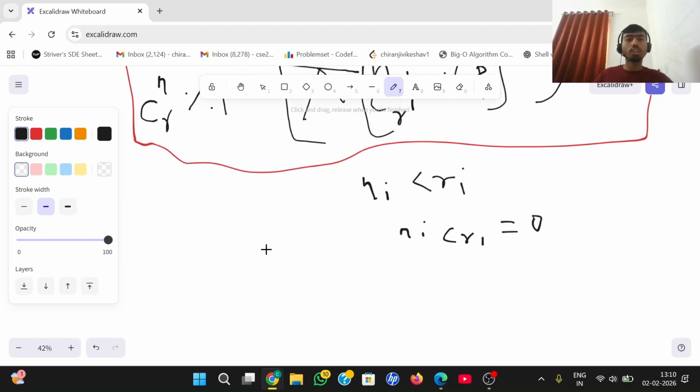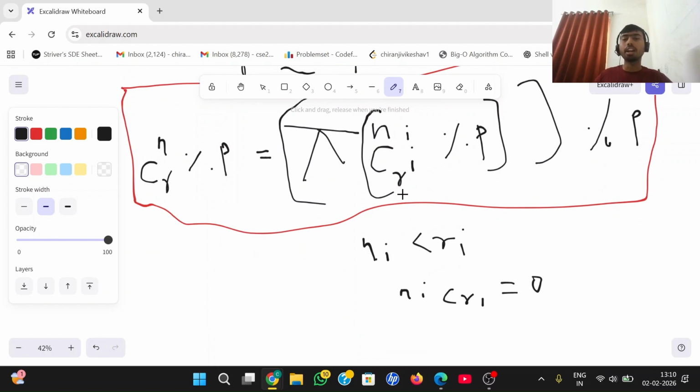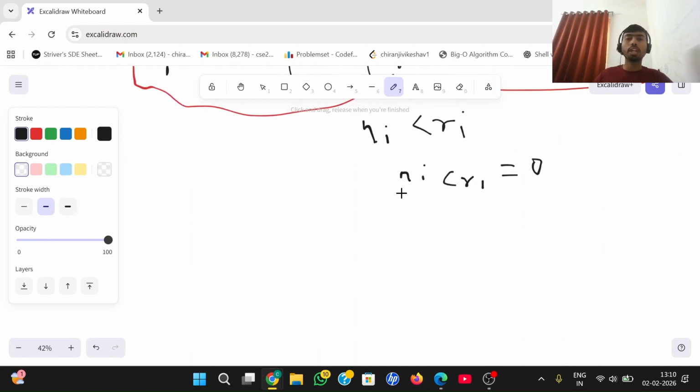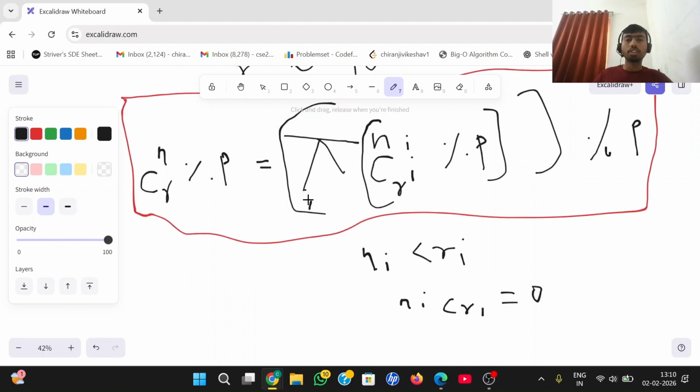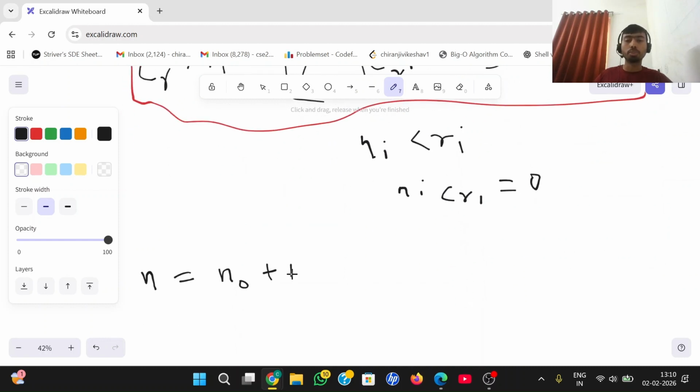Okay, so let's see what these n_i and r_i are. n is equal to n0 plus, here i starts with 0 and goes till infinity, but later on the values of n_i and r_i become 0, so the modulus operation value becomes 1 and it doesn't affect your multiplication, so you have to stop somewhere.